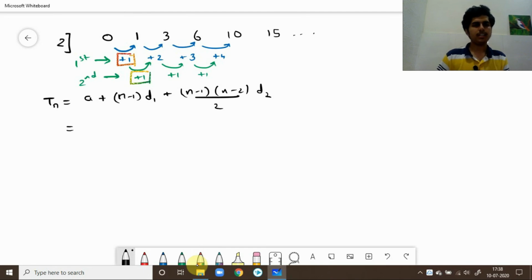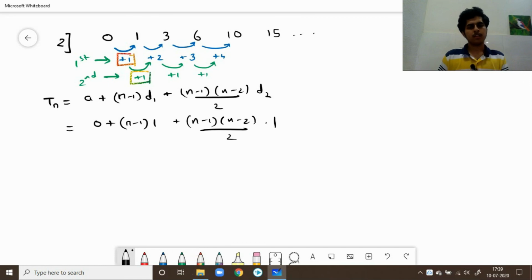My a is 0 plus n minus 1 times d1, which is 1 in this case, plus n minus 1 times n minus 2 by 2 times 1. Now if I want, I can go on and expand this, that will give me a quadratic in n, but I think you get the idea of what I am trying to say.